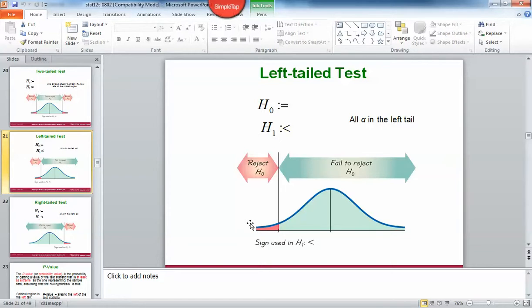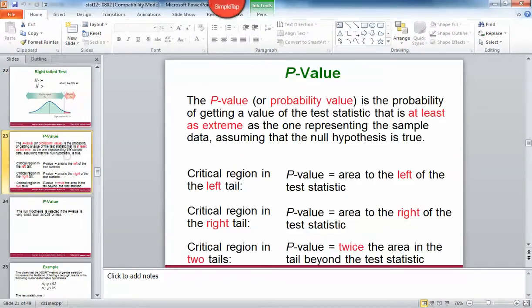So that makes a big difference when finding the critical value if you use that method. But if you use the p-value method, just use the table that tells you whether to take twice or take the area to the left or take the area to the right. Okay, and that's what this slide shows, the same thing that the figure shows in your ebook.